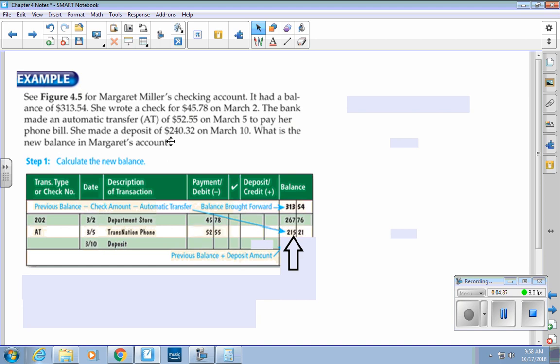The next thing that happens is she made a deposit of $240.32. That lives right here. When you make a deposit, so in a check register, the payment and the debit are here under this minus category. The deposit and the credit are here under this plus category. So that's where the $240.32 happens. So we're going to add these two numbers together.